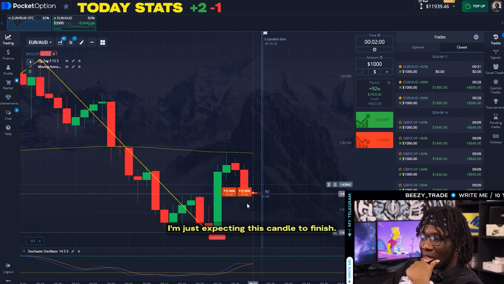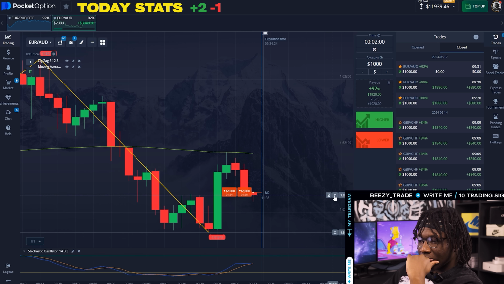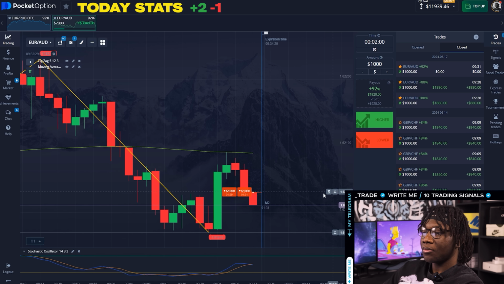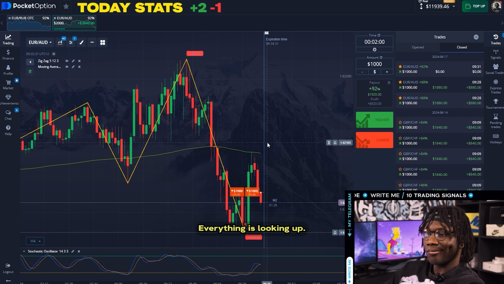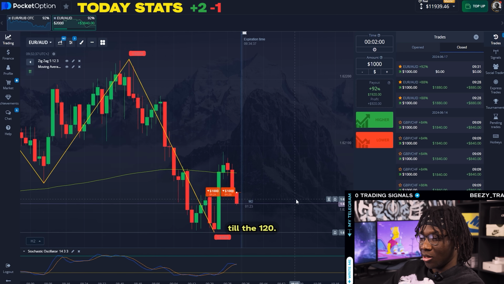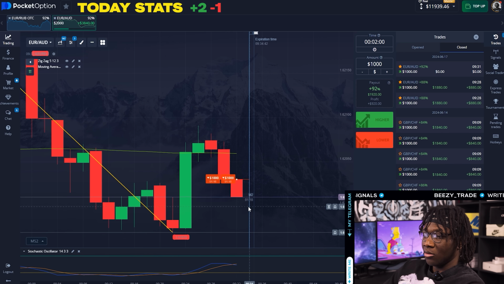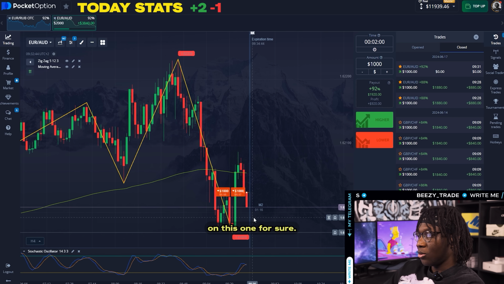I'm just expecting this candle to finish lower than that price. Everything is looking good. There's nothing more I can say, guys. Everything is looking good till the 120. I mean, we're pretty good in the money on this one for sure.